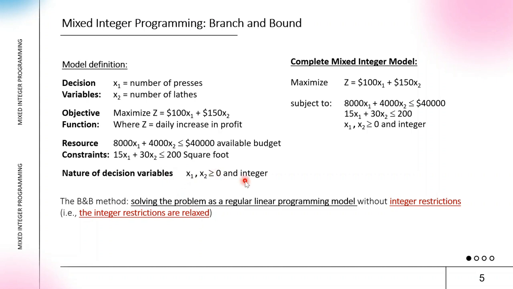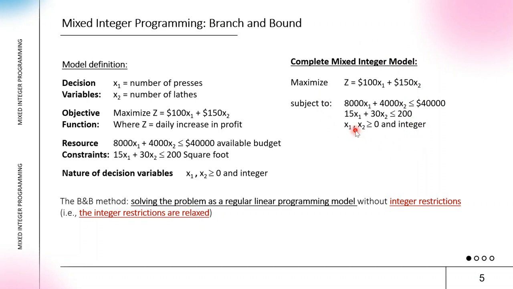And also we have another constraint here, as we can see: x1 and x2 must be integer. So we have a full mixed integer linear programming, as we can see on the right side of this slide. We have the whole structure of the mixed integer linear programming form of the optimization problem here.